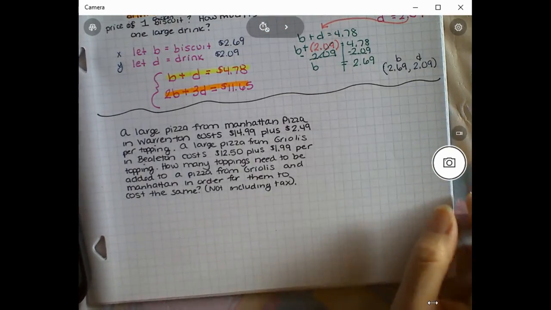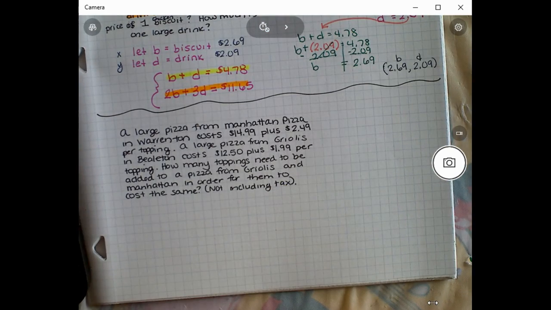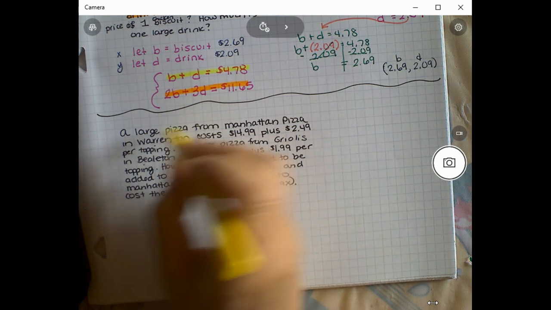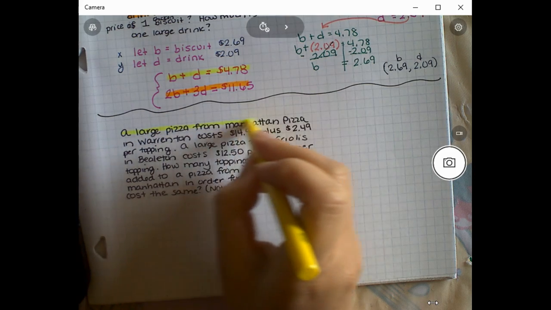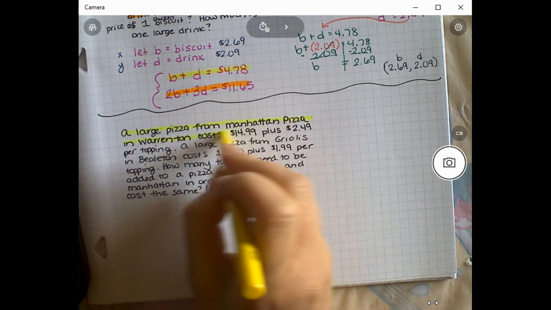Let's look at one more example. And this also is accurate as of right this moment. Okay, here we go. A large pizza from Manhattan Pizza in Warrenton costs $14.99 plus $2.49 per topping. Okay, so that's our first bit of information.